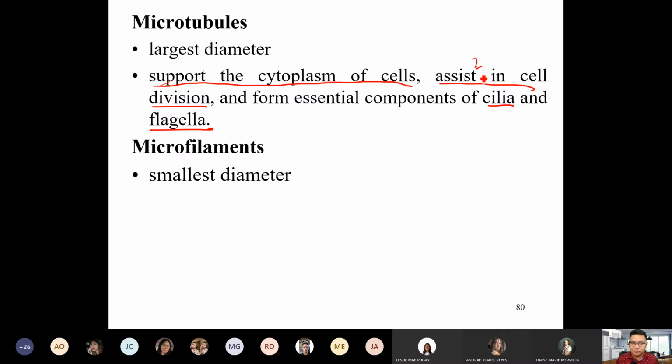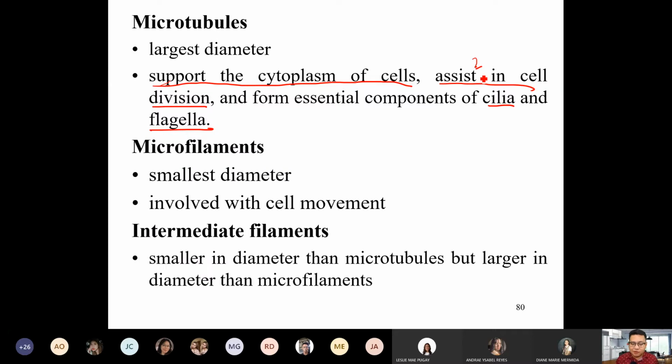Next, we have our microfilaments involved with cell movement. And we have intermediate filaments. So from smallest to largest, we have our microfilament.